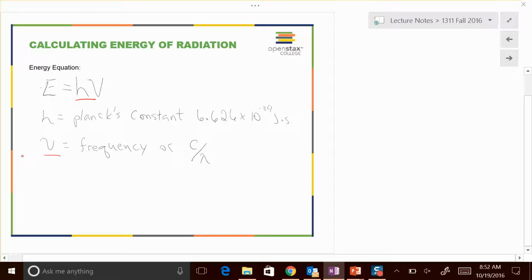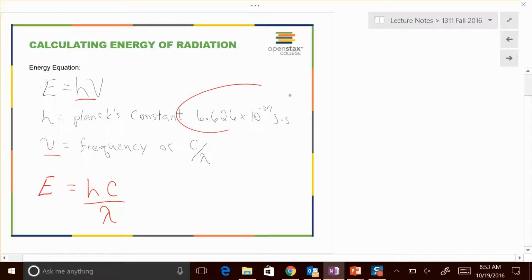So alternatively, you could get another equation where E equals h, and if you replace frequency with speed of light and wavelength, times c over wavelength. Okay? Because frequency is equal to c over wavelength. So you could just replace it there. And then if they didn't give you the frequency, you could calculate the frequency and then calculate the energy. And this will be in units of joules.